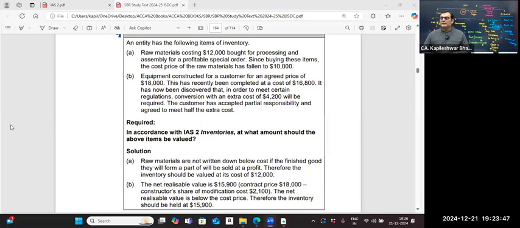Yes, and if the FG is at cost, the raw material is at cost. If the FG is at NRV, then it is cost or replacement cost, whichever is less. It says raw material costing 12,000 is bought for processing and assembly for a profitable order. Since buying these items, the cost price of the raw material has fallen to 10,000. Can you tell me at what price finished goods is valued?